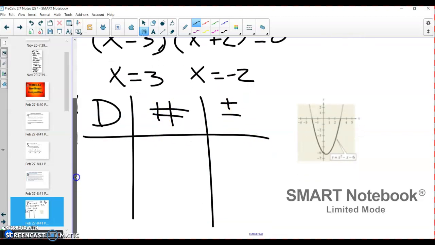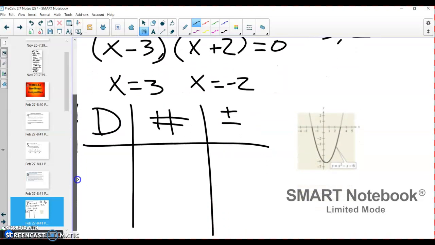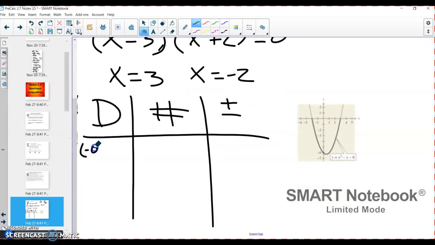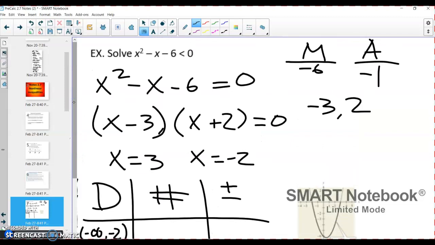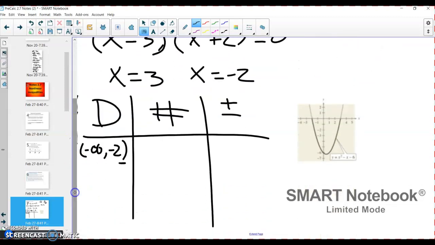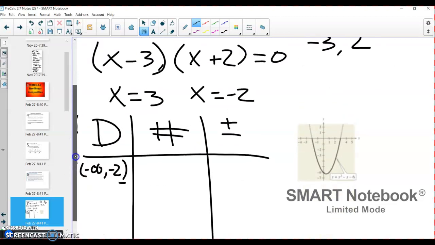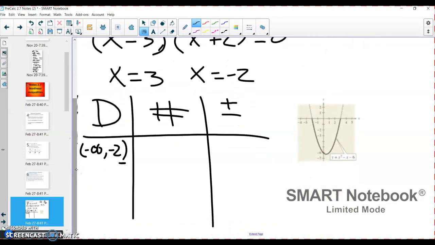My first domain is going to be from -infinity to -2. I'm using a parenthesis on -2 because I am talking strictly less than. Then another test interval from -2 to 3, and my last test interval is from 3 to infinity.